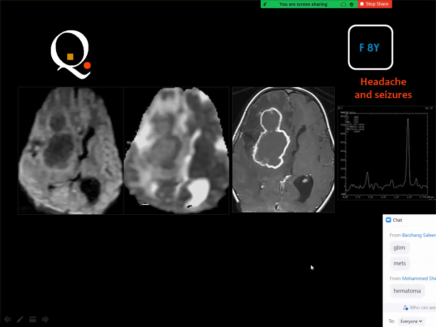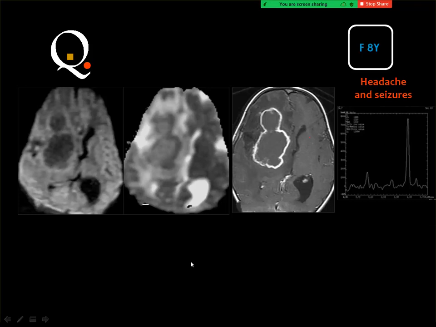Once more, never say metastasis without evidence to support your diagnosis. Yes, the answer of fungal abscess is good. You know that fungal and tuberculous abscesses contain caseous material, and this caseous material does not cause diffusion restriction.